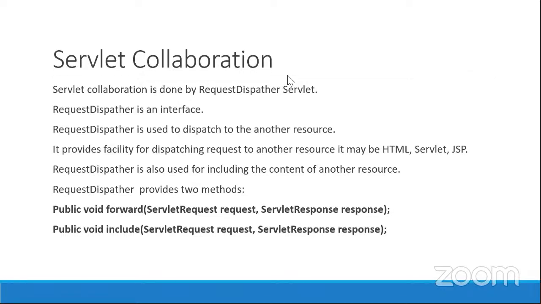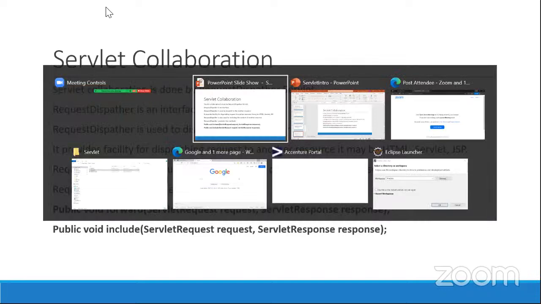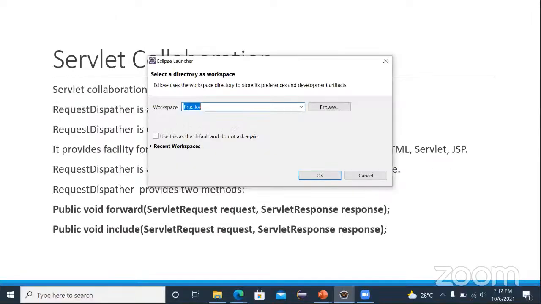The forward method is used for dispatching a request from one resource to another resource. And include is used for including the content of another resource in the existing page or existing resource. That's the difference between forward and include. So now we'll see one hands-on execution.